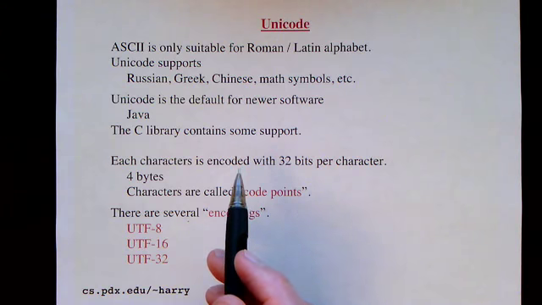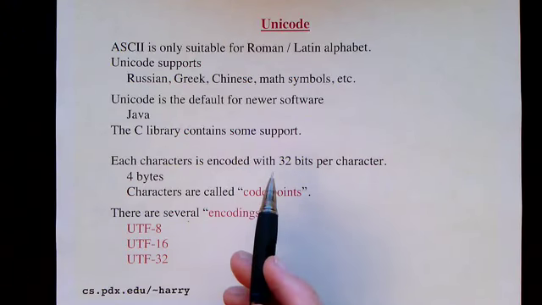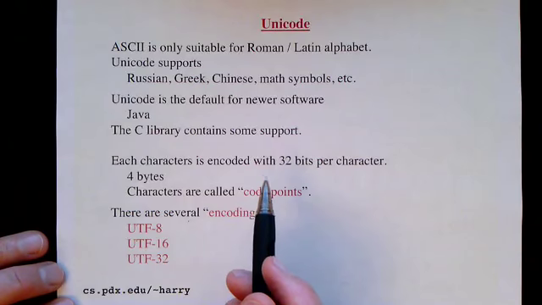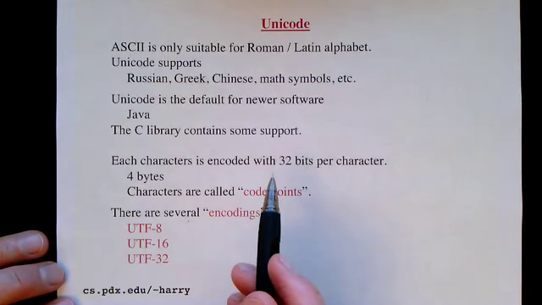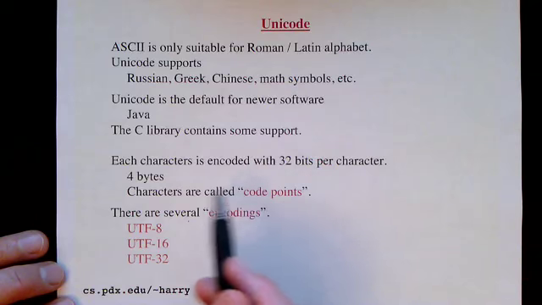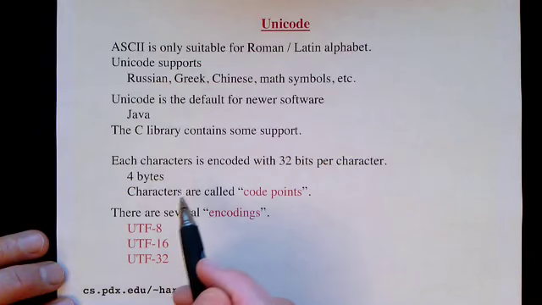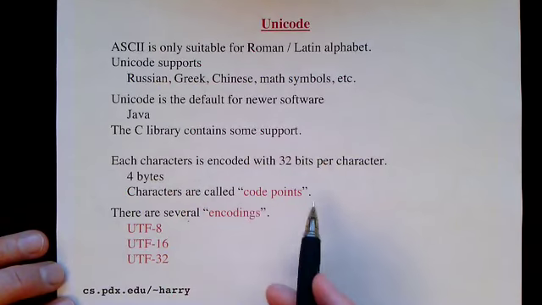Each character is assigned a number, and then that doesn't change. New characters are added with new numbers. So the actual number of characters in the character set is not fixed, but it is growing. So with 4 bytes, we have the potential for 4 billion characters, but we are not anywhere close to that yet. Each character and its corresponding number is called a code point.